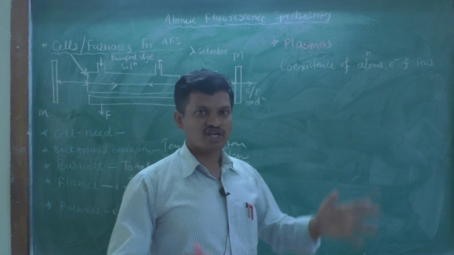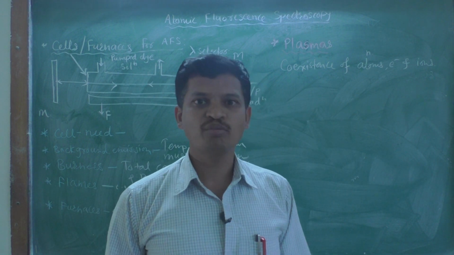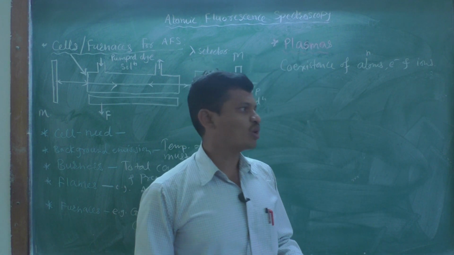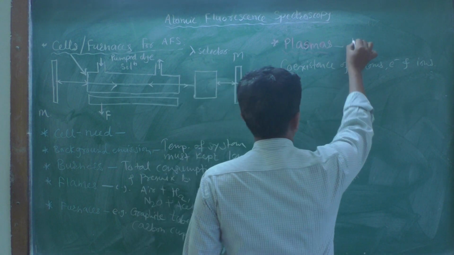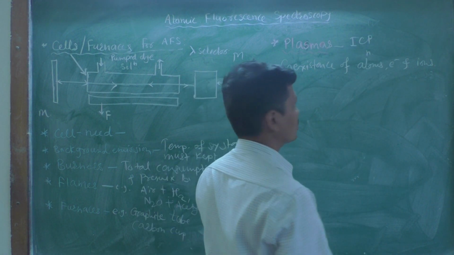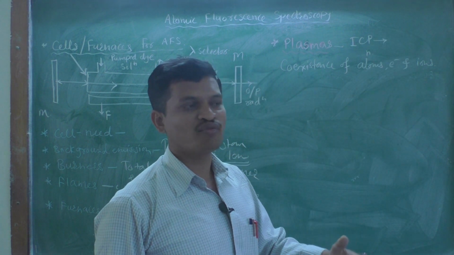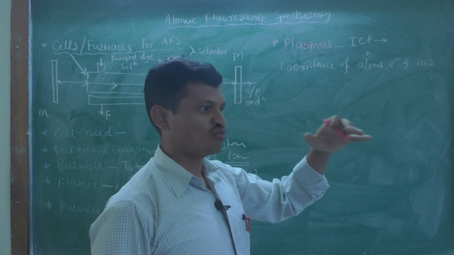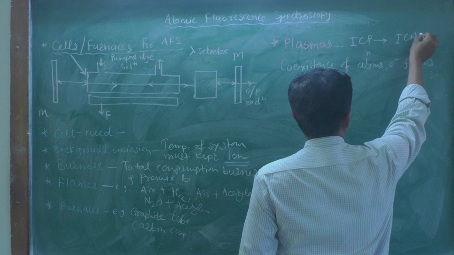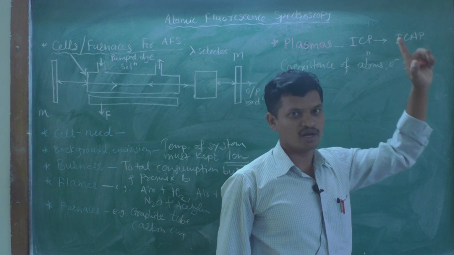This mixture in a system is called plasma. How is it formed? Generally, we call it inductively coupled plasma, ICP. If we use argon gas as the source of plasma, then it is also called ICAP, that is, inductively coupled argon plasma.